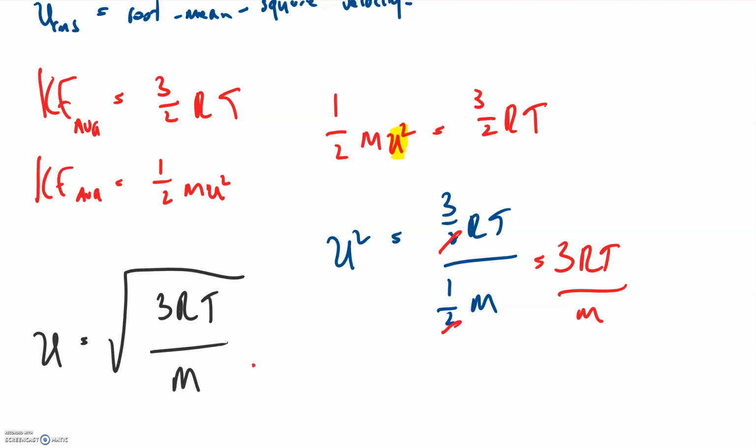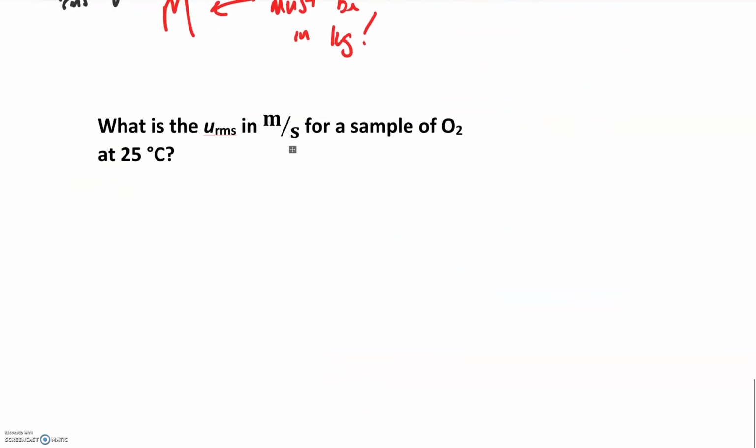But we've got to be careful. This must be in kilograms. So to remind myself that it needs to be in kilograms, I'm going to use a capital M. So there's our equation for what we call the root mean square velocity. Let's try one.